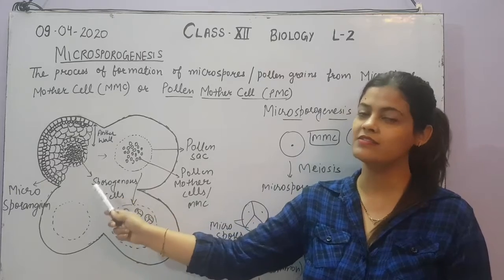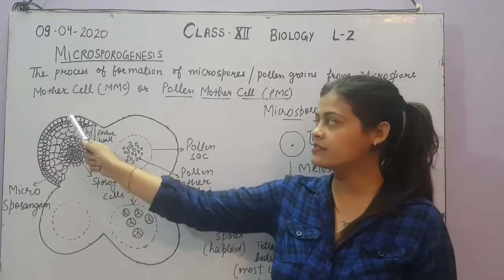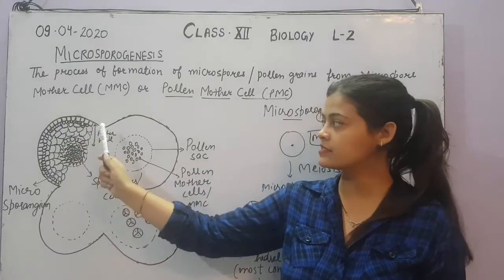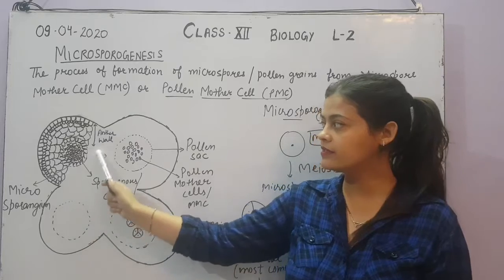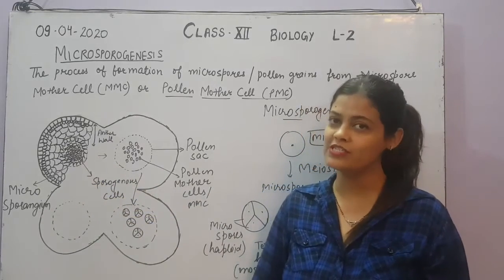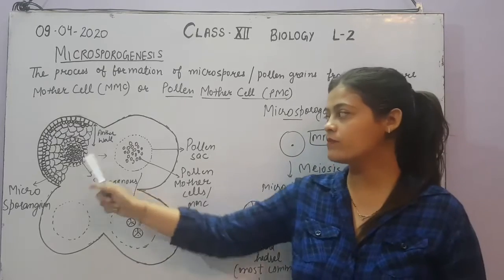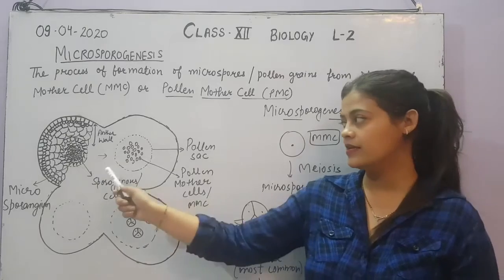So this is the internal structure of anther, a bilobed anther, and these were the outer layers which will form the anther wall, and in the center the structure present was called microsporangium. So there are 4 microsporangia in a bilobed anther.